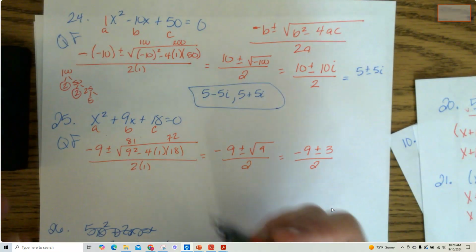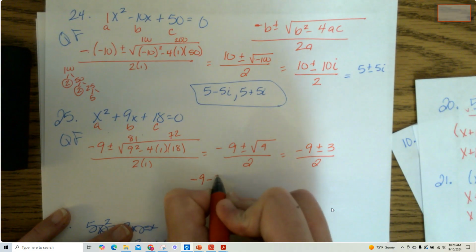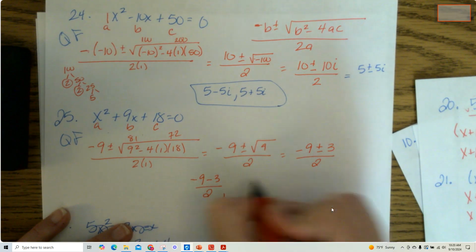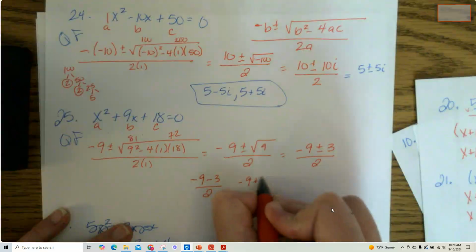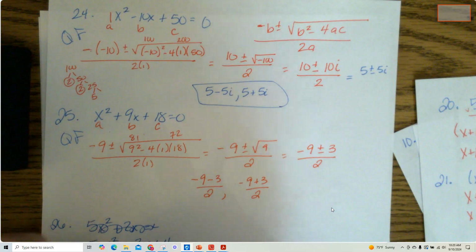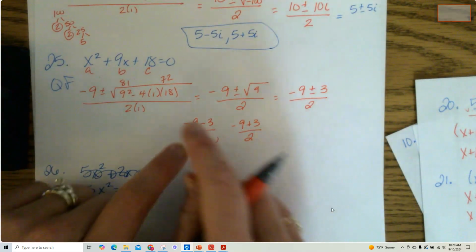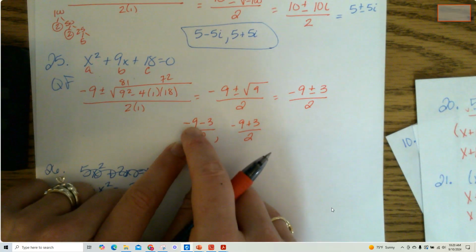So as an ordered pair, as a solution set, negative 9 minus 3 over 2, comma, negative 9 plus 3 over 2. And again, the reason I'm switching them is I'm doing my best to get them into simplest form, but this will simplify.